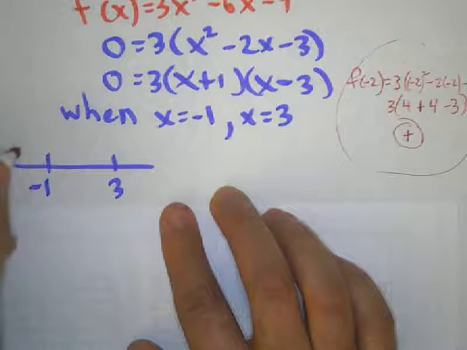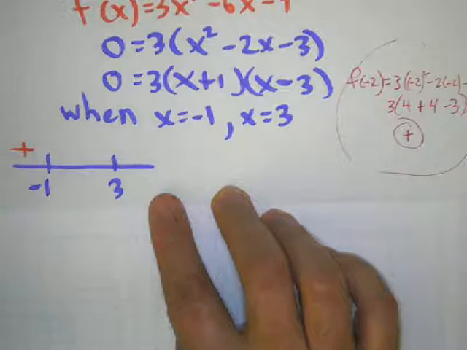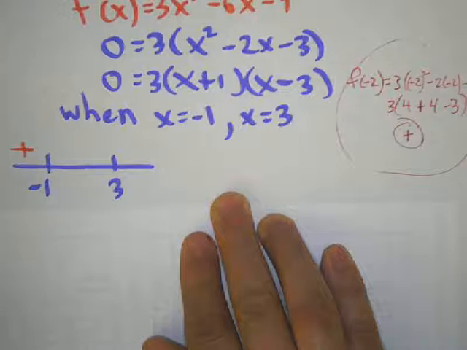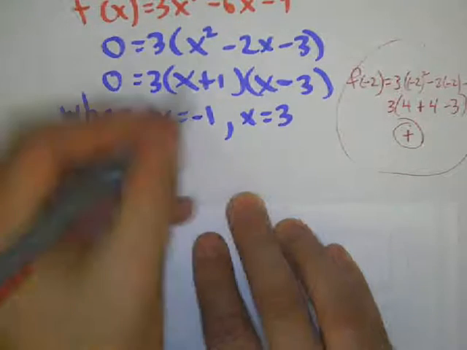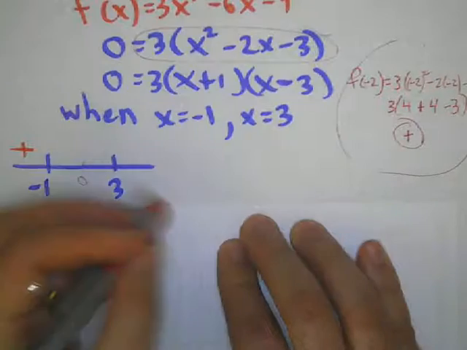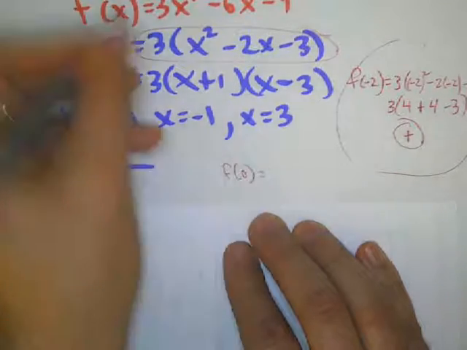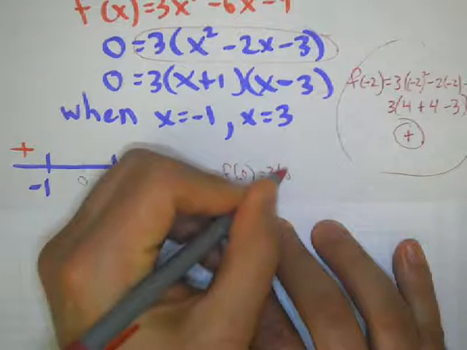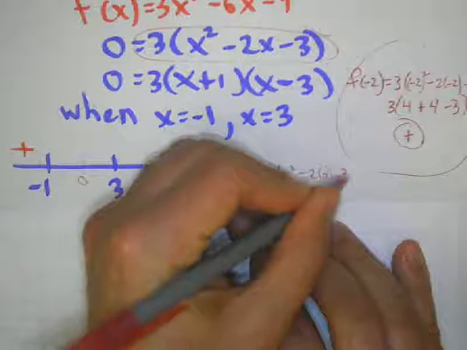Okay. Now, what if I plug in a number between negative 1 and 3? Let's plug in 0. That's between here and here, somewhere. So if I take this equation here, f of 0, we've got 3 times 0 squared minus 2 times 0 minus 3.